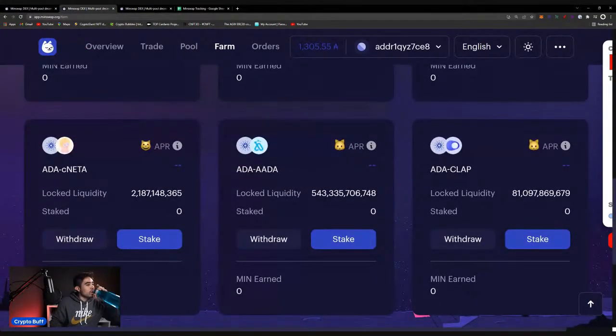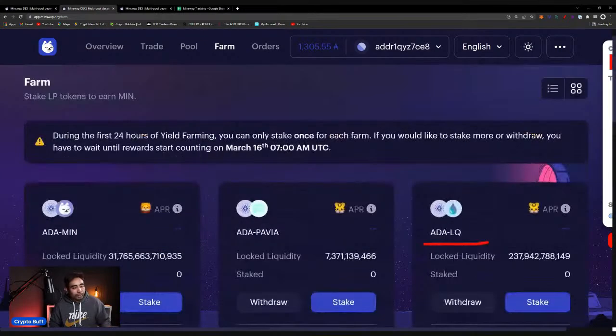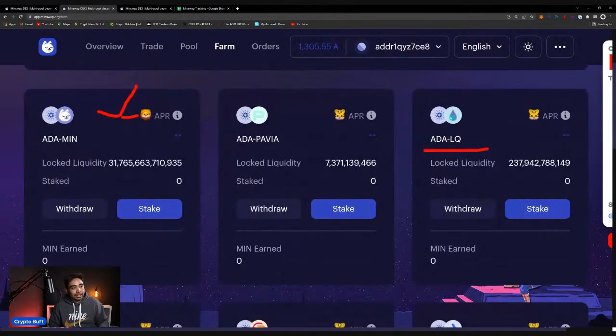But remember, guys, it all depends on what the APRs will be for each farm. Just because 50% of all the rewards are going into this pool right over here doesn't mean that another pool might not have a better return on your investment, because there aren't many people yield farming in that particular pool. So it really depends, so keep up to date.